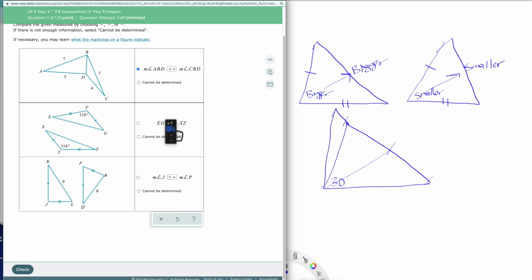So EG is going to be greater than XZ. And then this last one, we have J and P. I have 9 across from J, and I have 8 across from P. So 9 is greater than 8. So this is going to be greater. And again, they were all greater than. That's interesting. I wonder why they were all greater than.